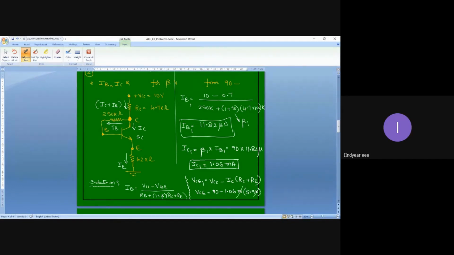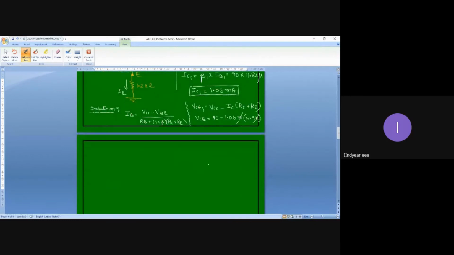Milli and kilo cancel, so you will be left with VCE equal to 3.74 volts.